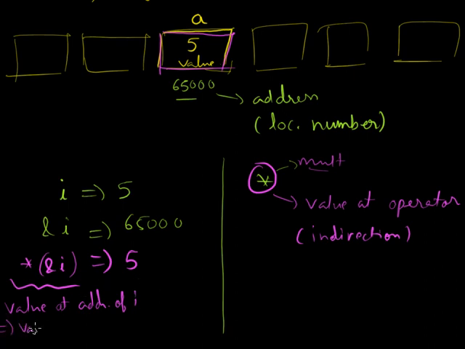The address of i is 65,000 in this case, so we would get the value at 65,000, which is nothing but 5. So we would get 5. This is how this operator works. The ampersand operator, the address of operator, gives the address of a variable, and the value at operator gives the value at an address. This is important: value at an address.